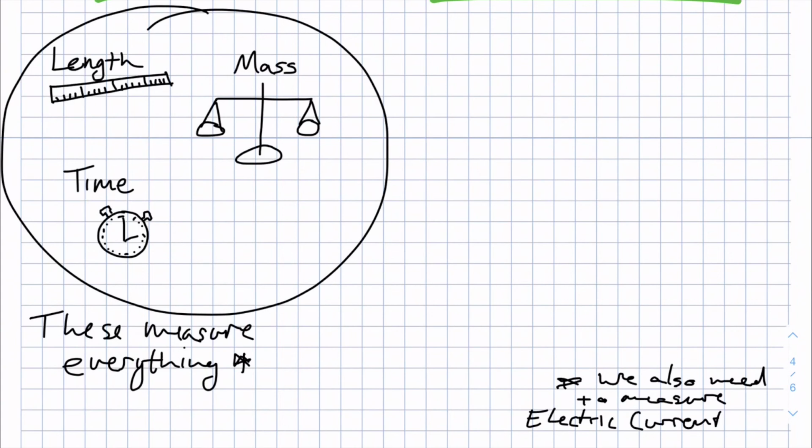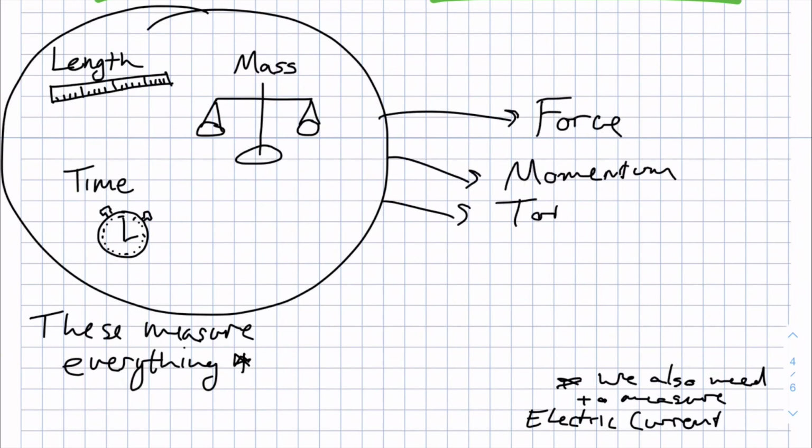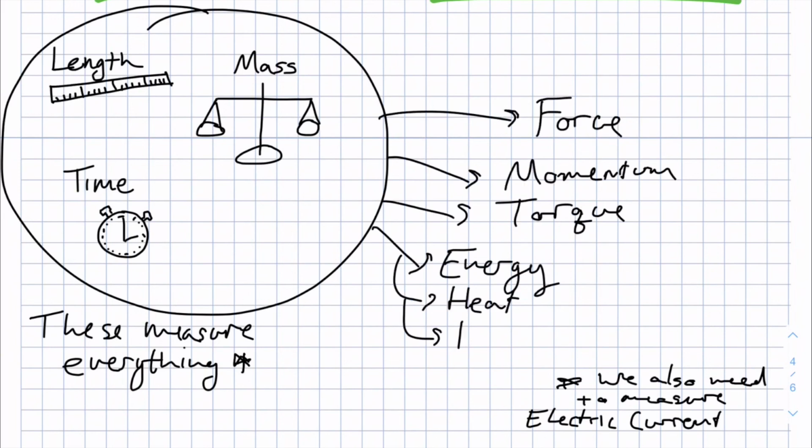But essentially, everything else that we discuss in this class, force, momentum, torque, energy, heat, power, it can all be described by measuring length, mass, and time. And when we measure force, momentum, torque, energy, when we measure these things in newtons or joules or watts, all of those measurements, all of those units, they're based on measuring length, mass, and time in a specific way.